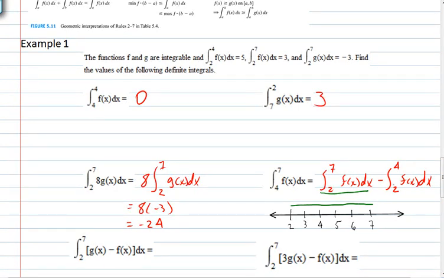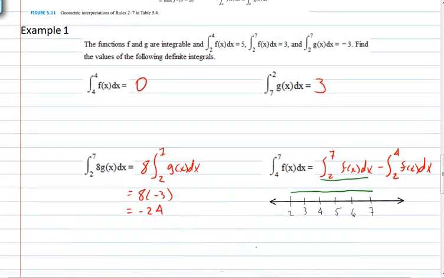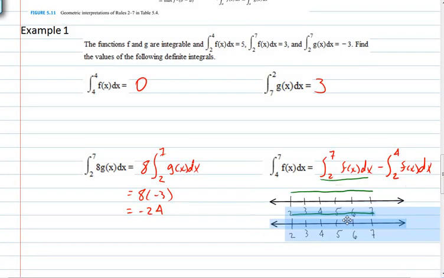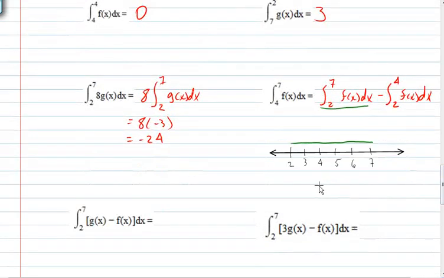And if you take away the area from 2 to 4, and if I take that away, what am I left with?